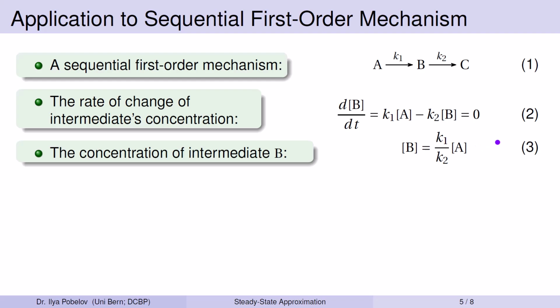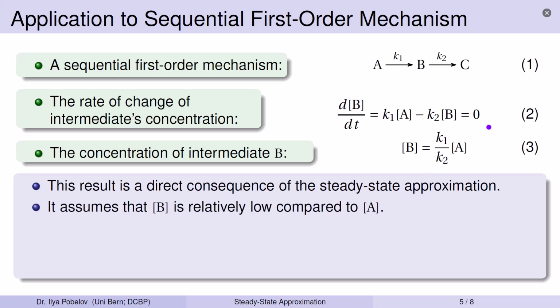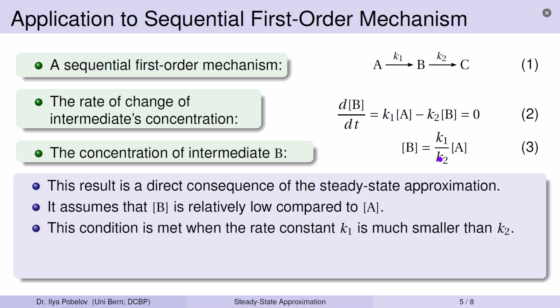This result is a direct consequence of the steady-state approximation, which assumes that the concentration of the intermediate is relatively low compared to that of the reactants. This condition is met when the rate constant k1 is much smaller than k2.